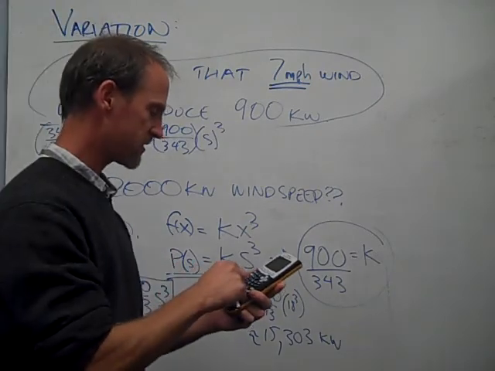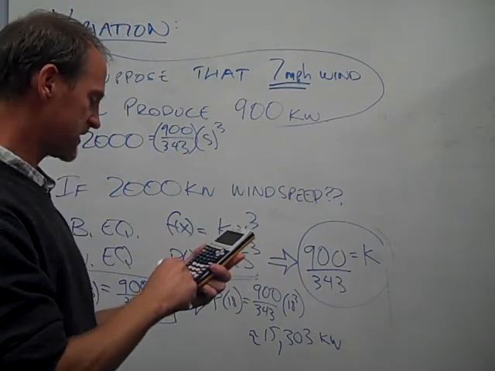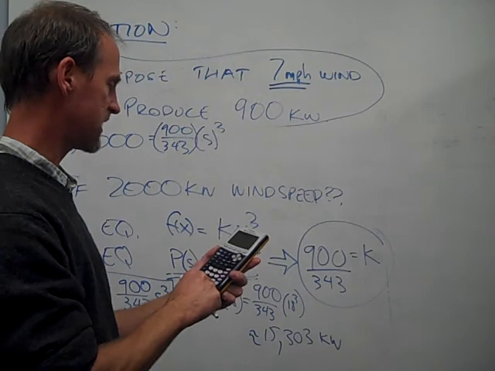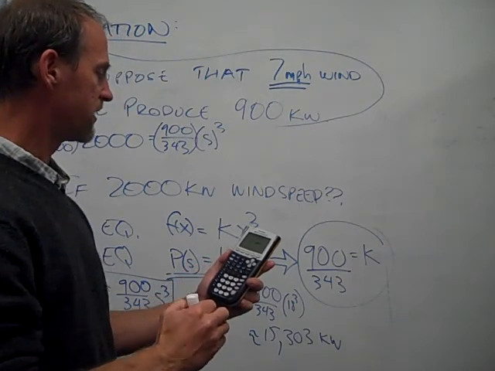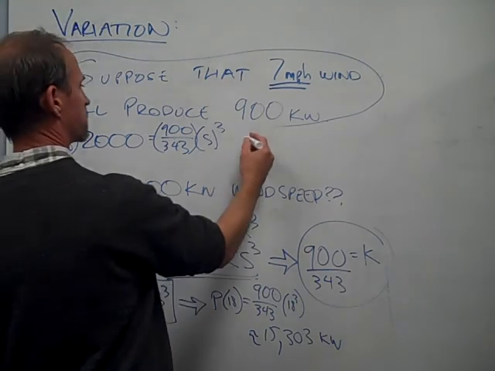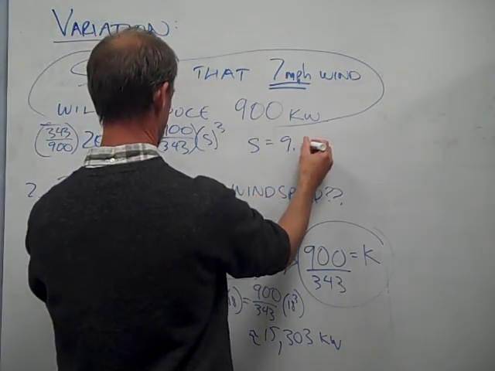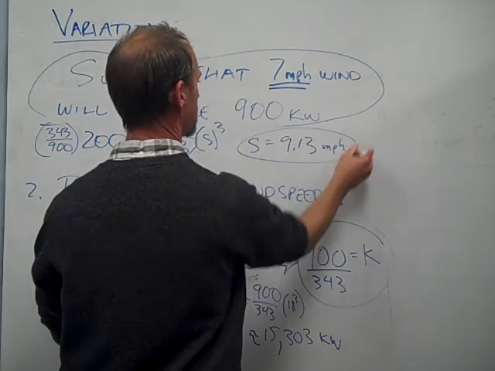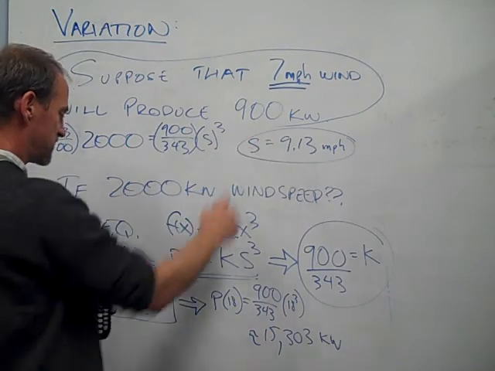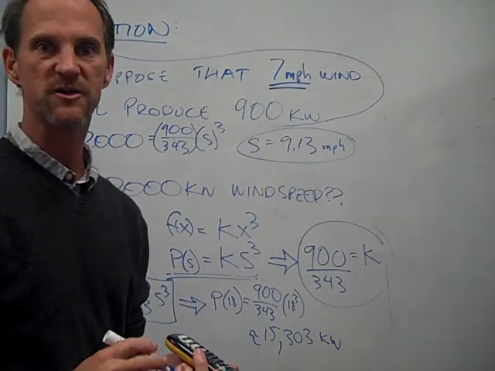So I go to math, I hit option number 4, I get the cube root symbol, and then I do second answer, close the parentheses, and I get 9.13 miles per hour. So S is equal to approximately 9.13 miles per hour. So to go from 1,000 up to 2,000, the wind speed only has to go up by a little bit more than 2 miles per hour.